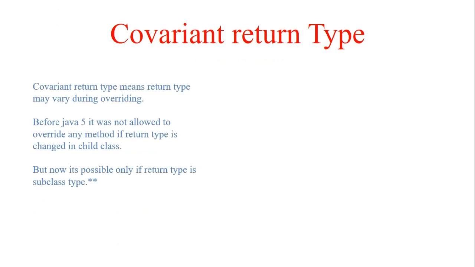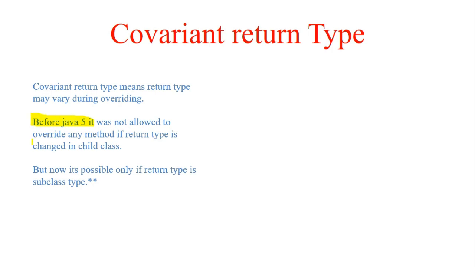The last concept of polymorphism is covariant return type. I have told you that for overriding the complete method signature has to be the same, but this is where the difference comes. Covariant return type means that the return type may vary, but this is allowed only after Java 5.